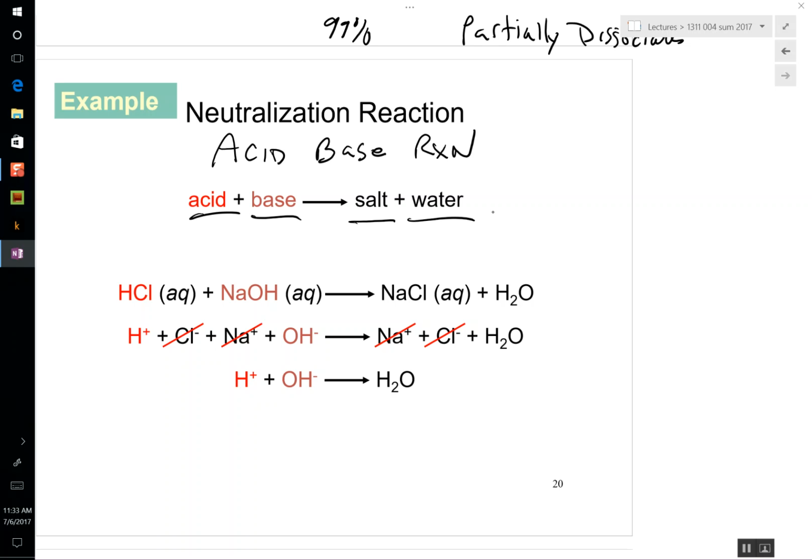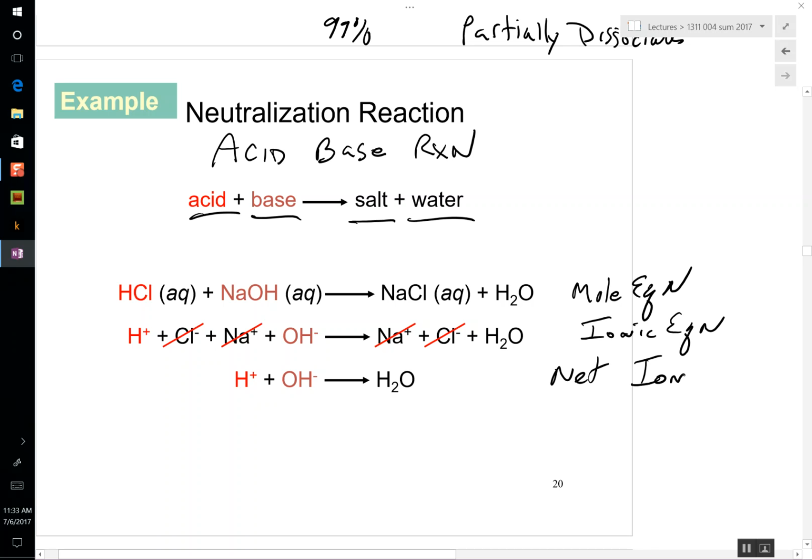We'll get different salts, but we'll always get water. And there's your molecular equation. This is your ionic equation, and here's your net ionic equation.